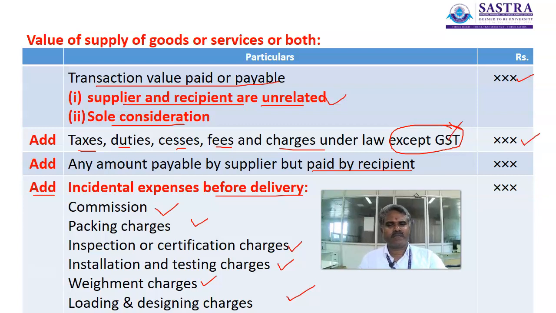And the amount payable by the supplier, advance if anything you receive. Then you have to add all incidental charges: commission, packing charges, inspection or certificate charges, installation and testing charges, payment charges, loading and designing charges.